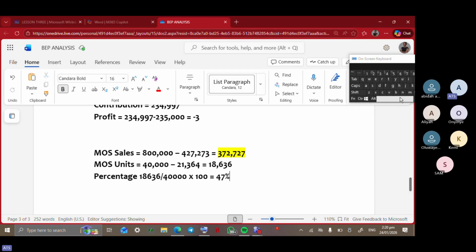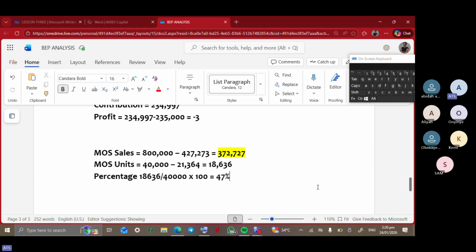Do you understand? So that is margin of safety. Now the third one, the profit volume ratio. Is it the same thing as the contribution margin ratio? Yes. In most cases, they are used interchangeably.